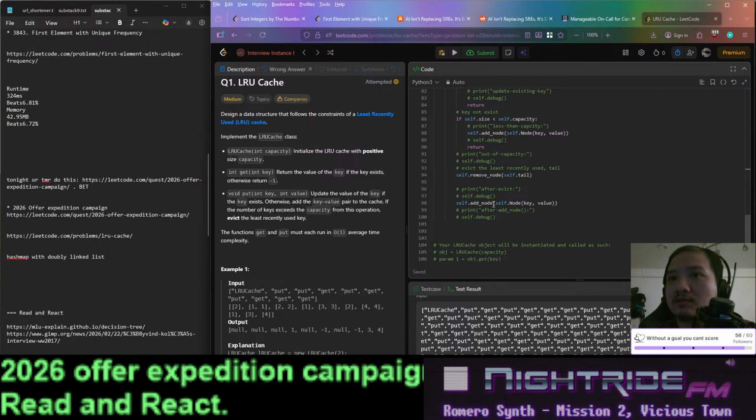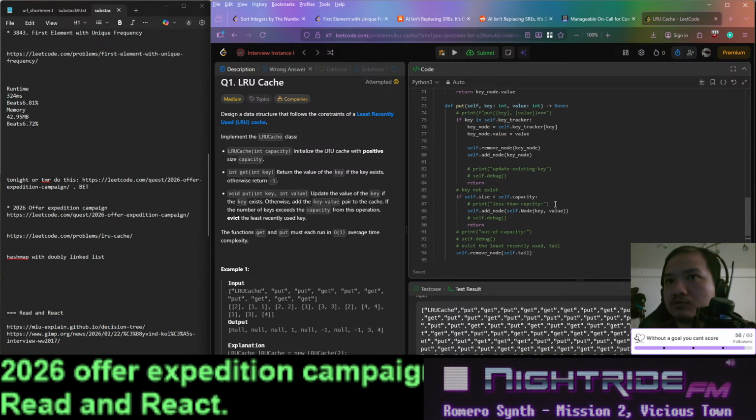When we add the node, what's wrong here?